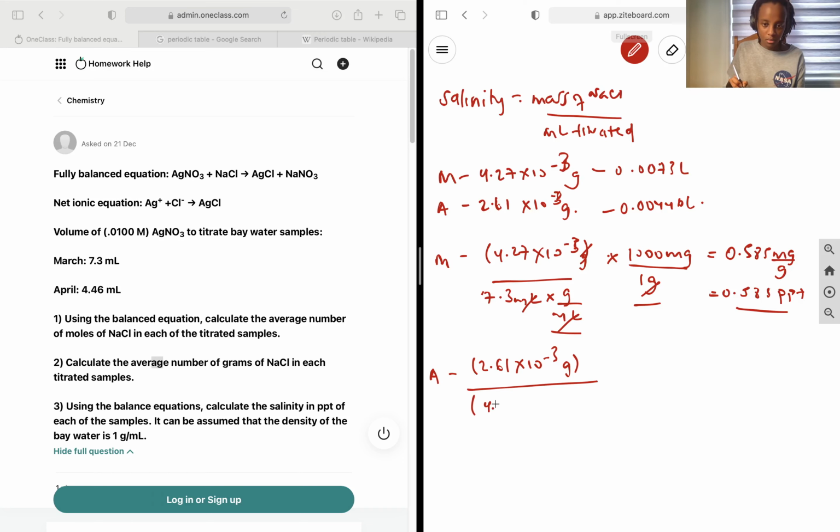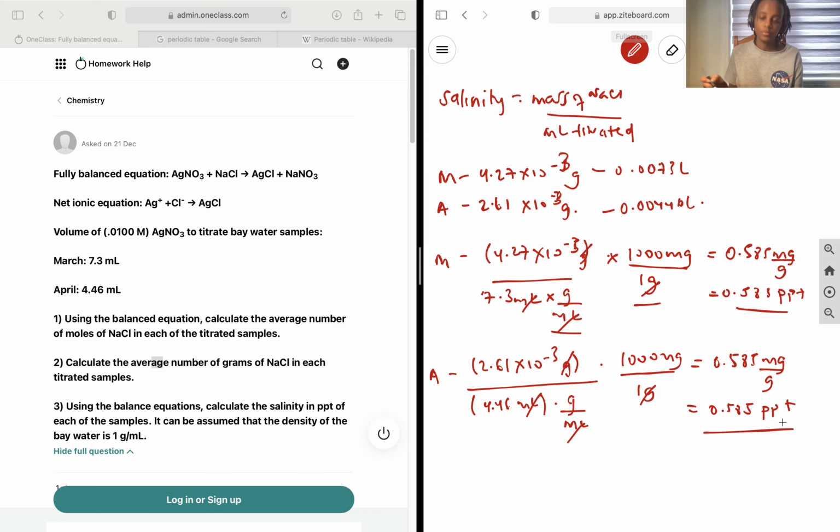So over 4.46 milliliters times, and again, we again get 0.585 milligrams per gram, which is the same thing as this. And this is our final answer.